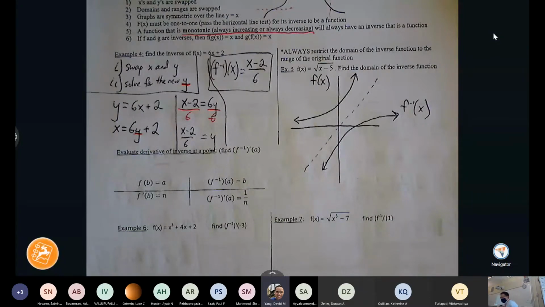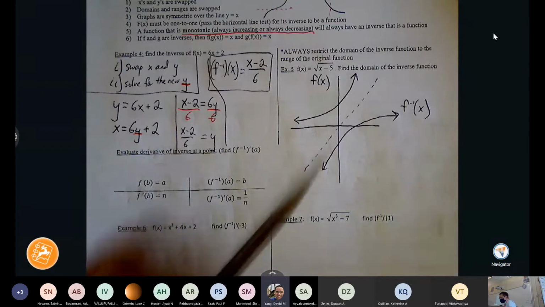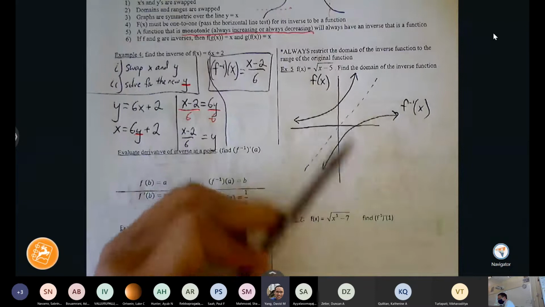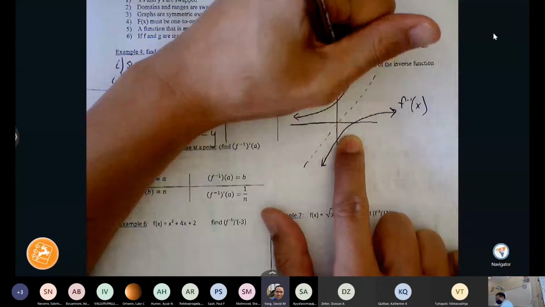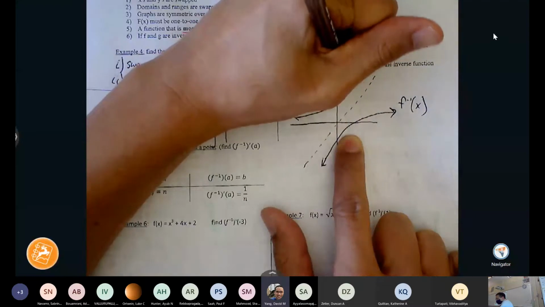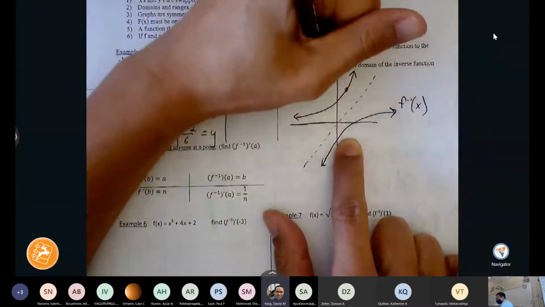Okay, I want to give an example in terms of the slope. There's a relationship between the slope of these two graphs, but I'm going to start with ordered pairs. Let's say there's an ordered pair that sits on the original function as (1, 4).